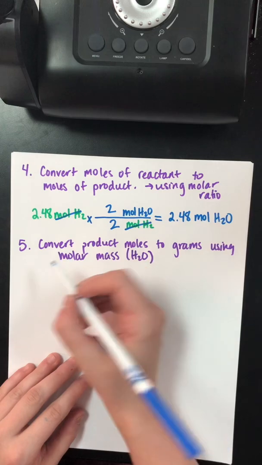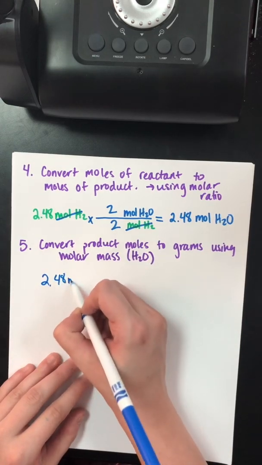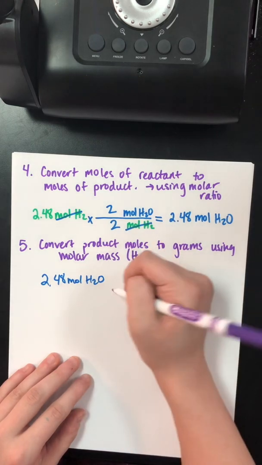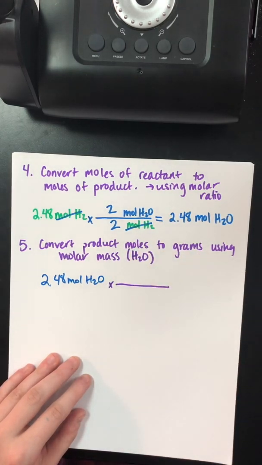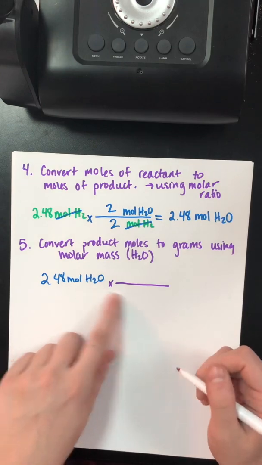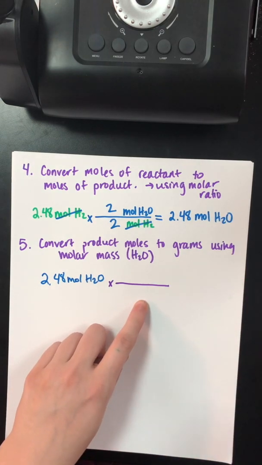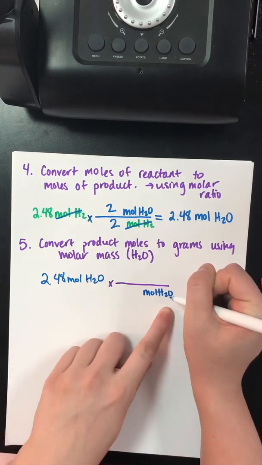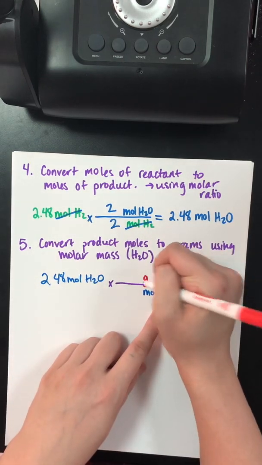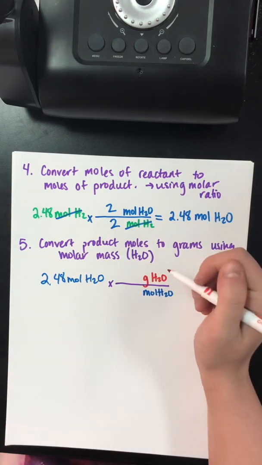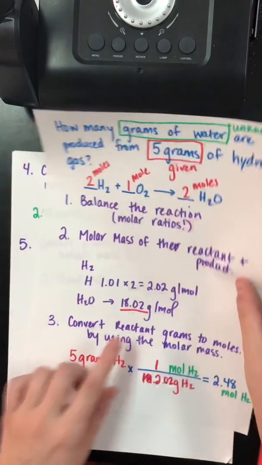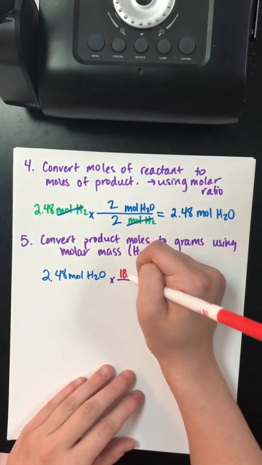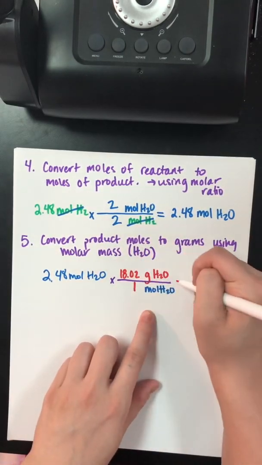So we'll take our answer, 2.48 moles of water, multiply by a conversion factor, just like every other problem. And here we're going to put the molar mass of water. Moles of water in the denominator, so my units match. Grams of water in the numerator. The molar mass of water that I found earlier is 18.02. 18.02 grams per 1 mole.